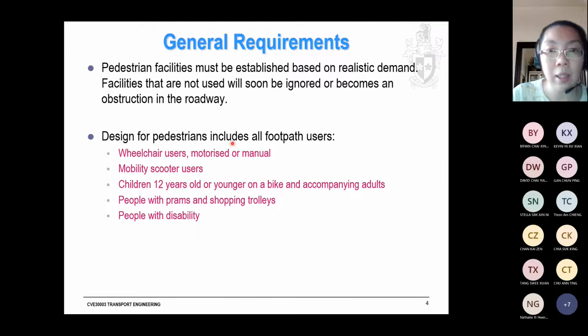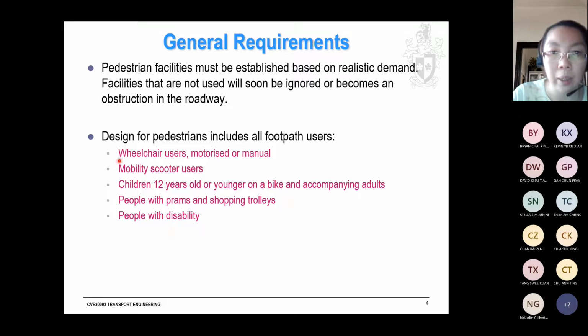Design for pedestrians includes all footpath users, which will include all these different categories: wheelchair users, either motorized or manual, mobility scooter users, children 12 years old or younger, whether they are on a bike or walking, and accompanying adults, people with prams and shopping trolleys, and people with disabilities.